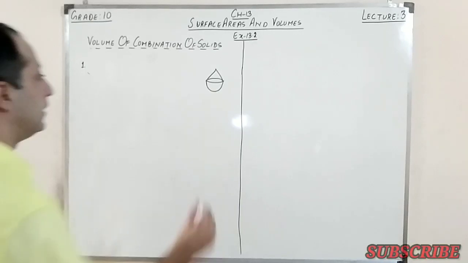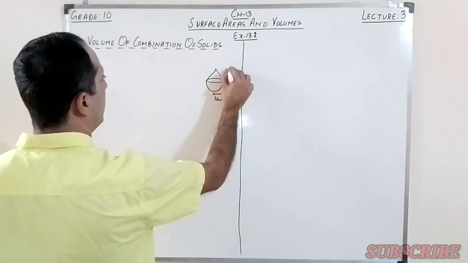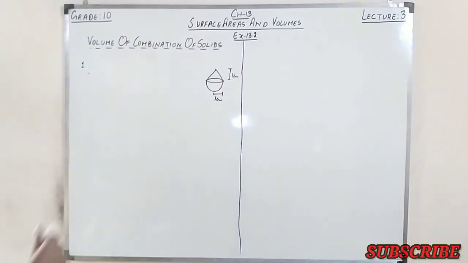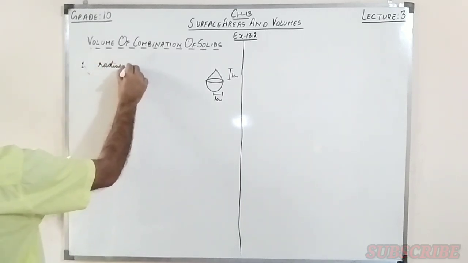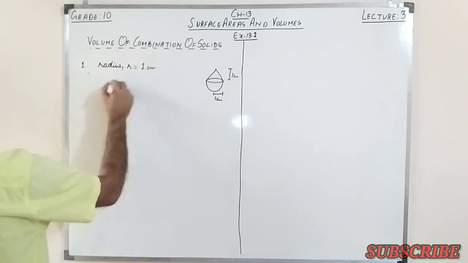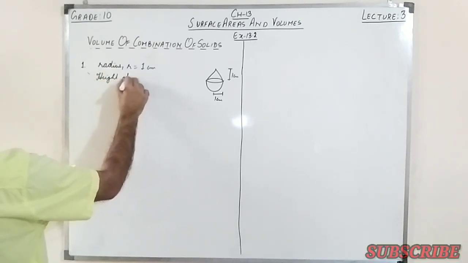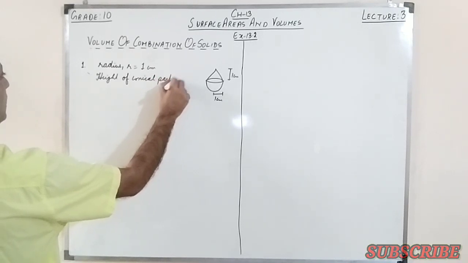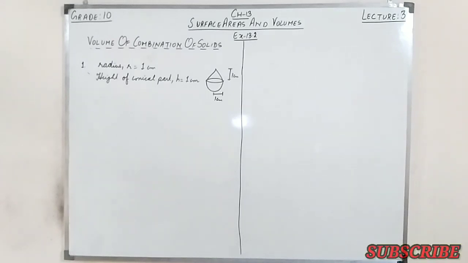So let's write what is given. Radius, since it is common, I am not mentioning whose radius it is, so this is 1 centimeter, and height of the conical part, h equals 1 centimeter. In the question we have to find the volume of the solid in terms of pi.